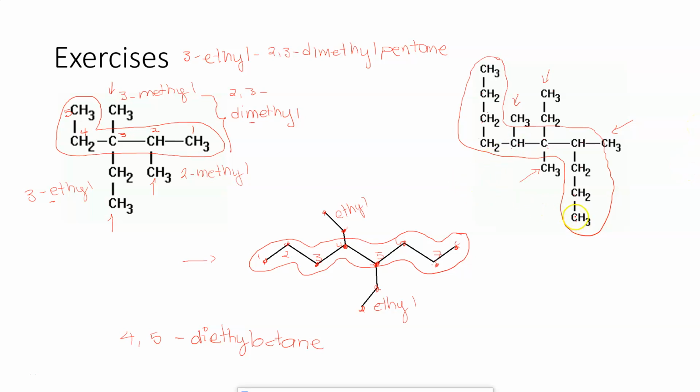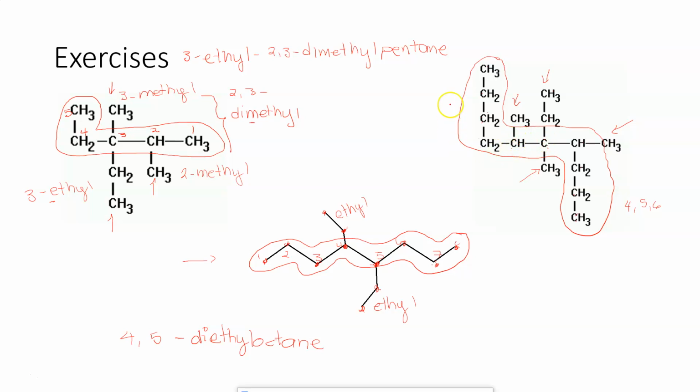If I start from this carbon, it's carbon 1, 2, 3, 4. My first methyl would be in position 4. And then I will have substituents in 5 and 6, right? So if I start from this carbon at the bottom, the substituents will be in position 4, 5, and 6.